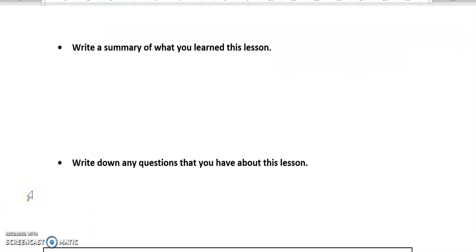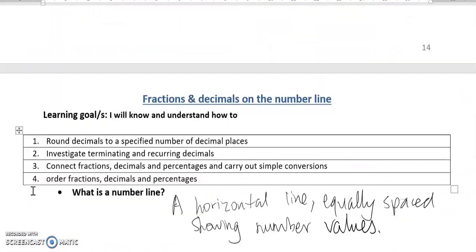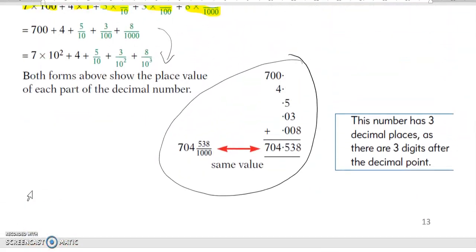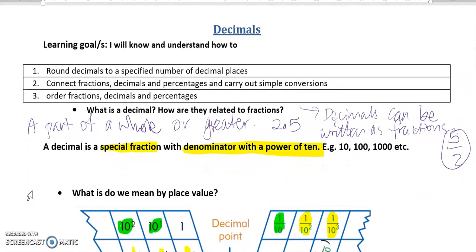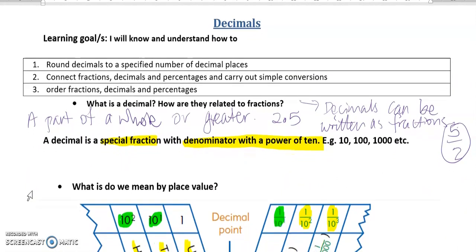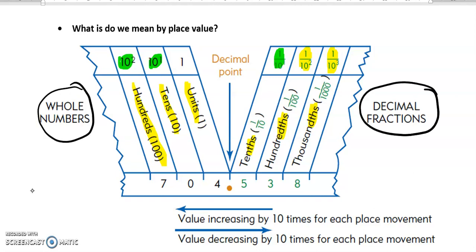So in terms of our summary for this section, we've actually gone through quite a lot. So if I go right back to the beginning, we've talked through a decimal, what it is, how they relate to fractions. We've talked through place value. To the left of the point is units, tens, and hundreds, whole numbers. To the right, we have decimal fractions.